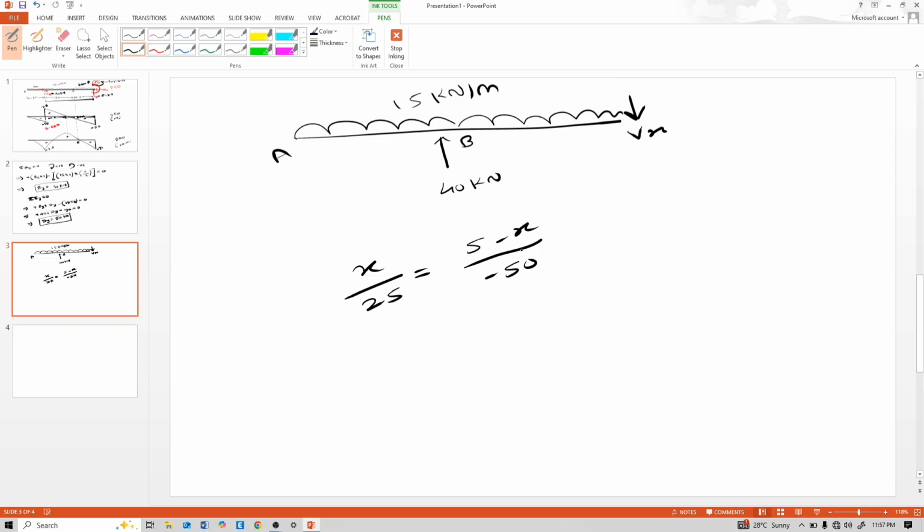So minus 50 into x equal to 25 into 5 minus x. So x equal to minus 5.